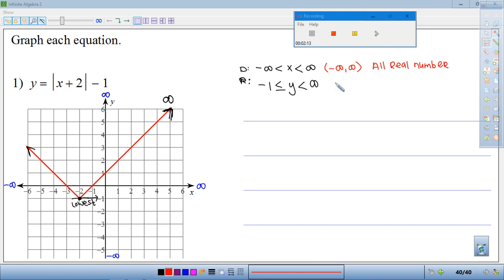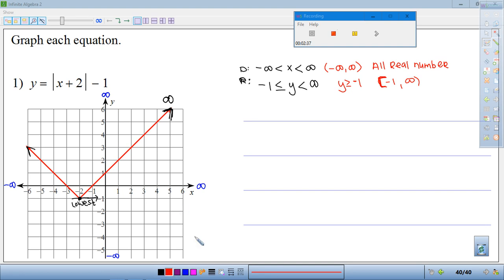The range, I could have just said y, and notice the arrow is pointing at -1 because y is greater than -1. So I could have said greater than or equal to -1 like that. I reached -1, so I could have used a bracket, -1 to infinity. Okay, and then I could have done set notation, so multiple notations.